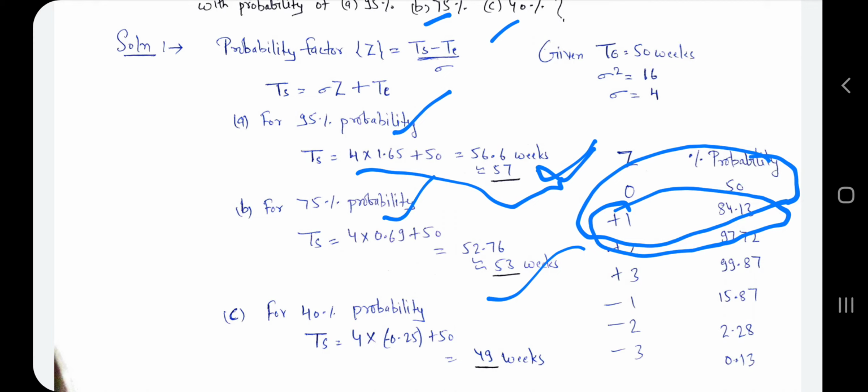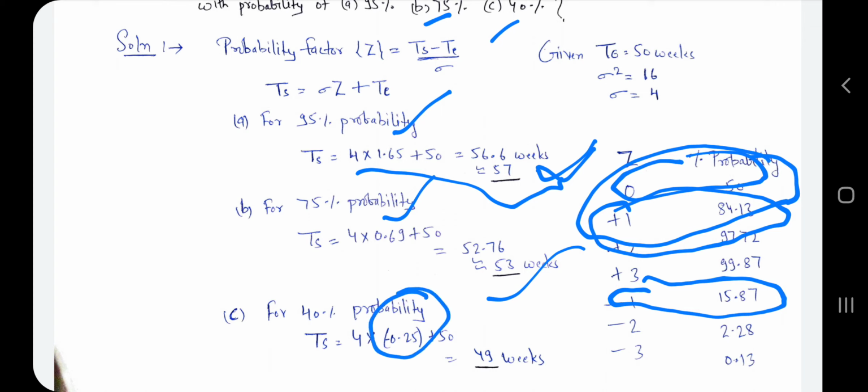For 40%, the value lies between 0 and minus 1, so you take 0 at 50% and minus 1 at 15.87%. Here you get minus 0.25 as the z value, and after calculating you get 49 weeks as the answer.